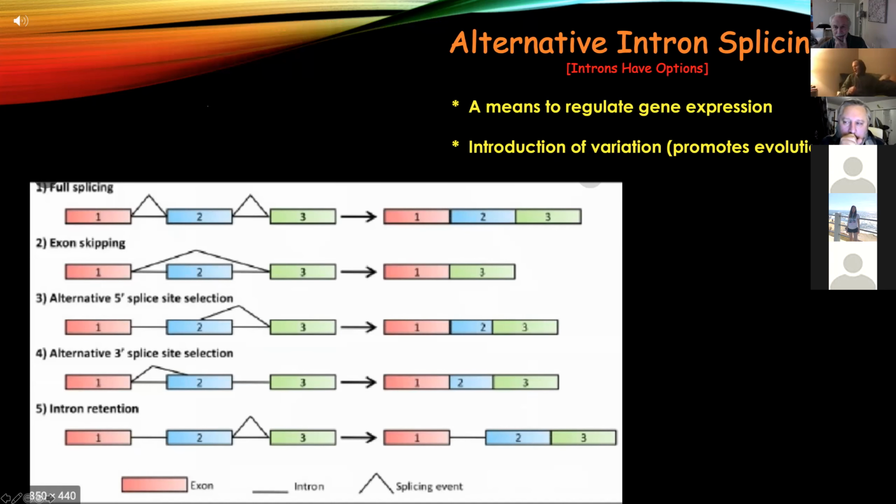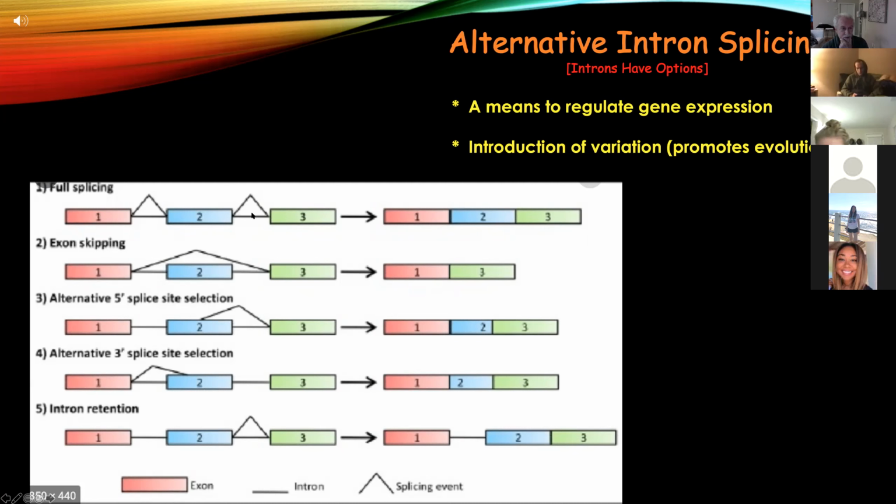Now, introns have options called alternative splicing. It's another means of regulating gene expression and also introducing variation into the genome. So you can have full splicing. What you have here are 3 exons in red, blue, and green, and 2 introns.